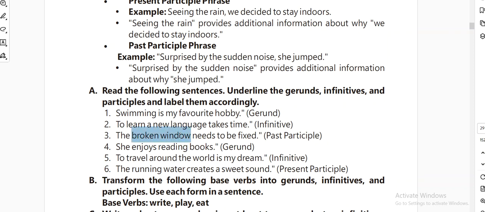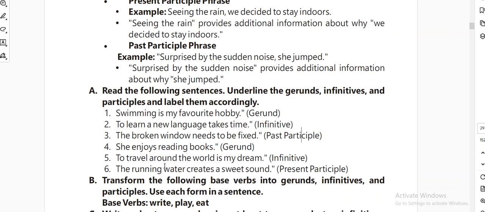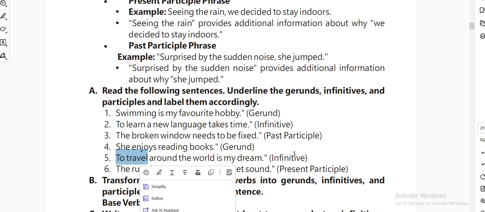Then, she enjoys reading books. Again, they are asking for a gerund, so you can tell that reading here is the gerund. Next is, to travel around the world is my dream. We will find the infinitive: to travel is the infinitive.